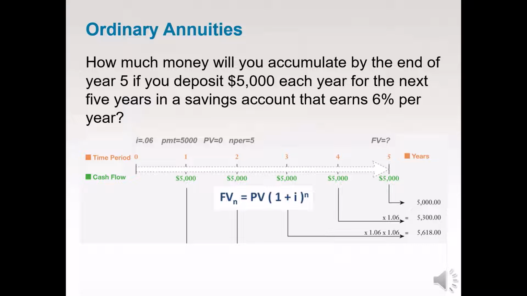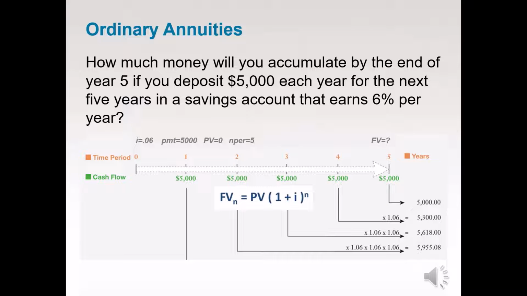Now we're going to take the annuity for year 3 and compound it. This time we compound it for 2 periods. So you can see we would take the 5,000 and we would multiply it times 1.06 twice. That gives us a future value for the annuity in year 3 of $5,618.